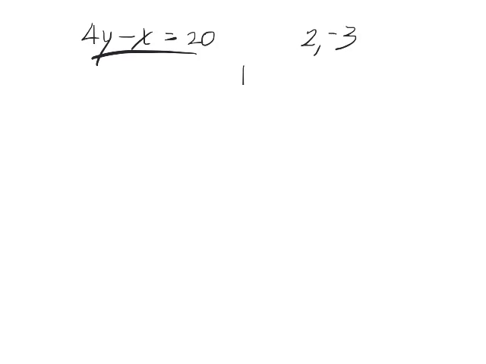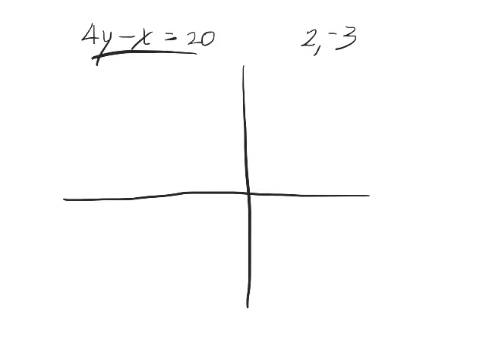So, for instance, this is just an example, if I had a graph, and let's say 4y minus x equals 20 looked like this. It doesn't, but if it did, it would look like that. They're saying, okay, now come up with the equation of a parallel line that goes through 2, negative 3.